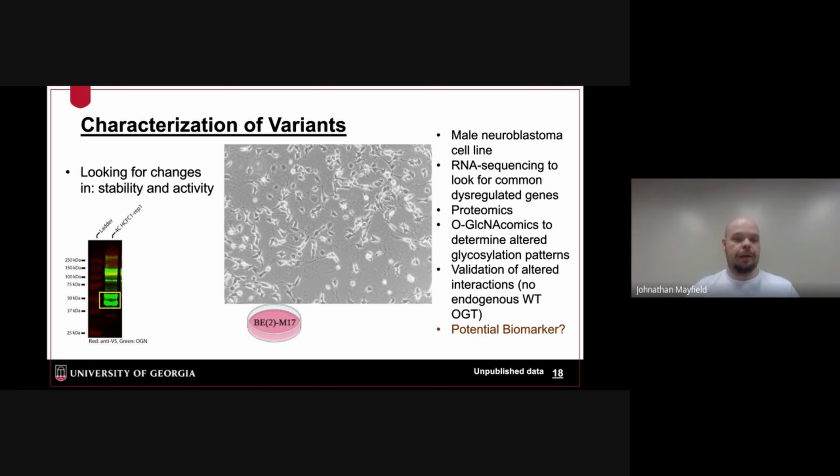Because everyone that's XY only has 1. So it's got to pick essentially which of those 2 copies. And I imagine for variants that we find in females, there might be some issue there. But in terms of picking it for our experiments, it's just easier.